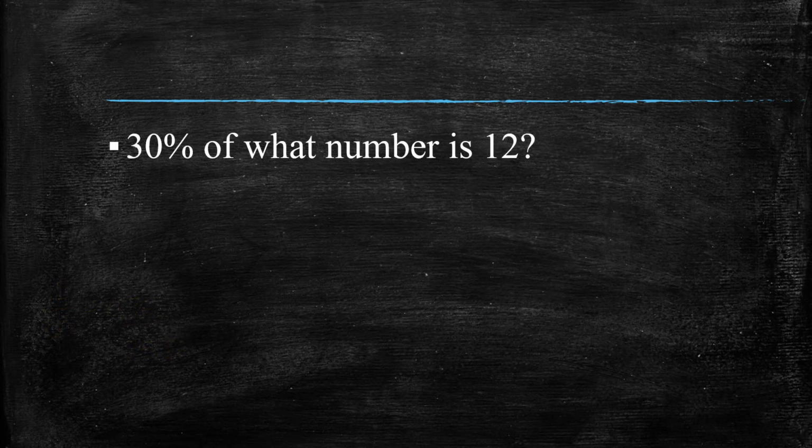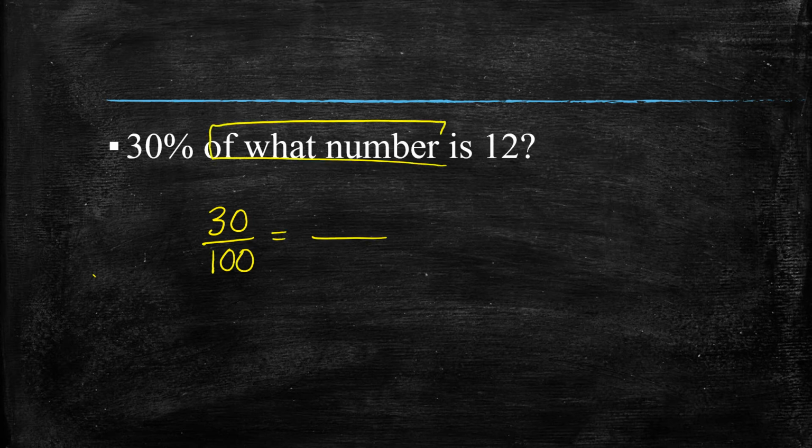Okay, 30% of what number is 12? So we have 30 over 100, because that's our percentage. We're looking for the of, what number? So our of is x, and our is 12, so 12 goes on the top.